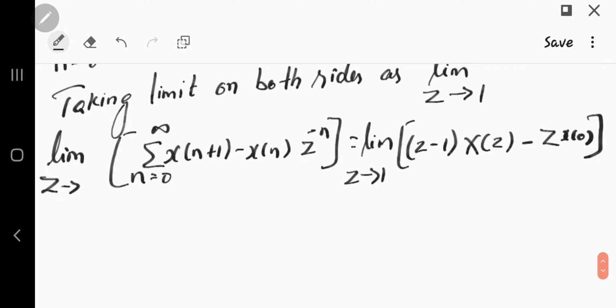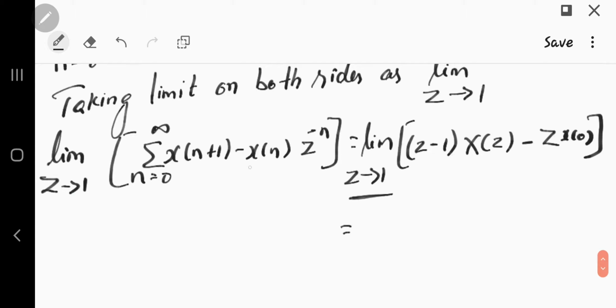Okay. Now, if you observe this, if I put z is equal to 1, so what happens to this term here is you will get 1 minus 1, 0, times X of z, and this becomes 1 into x of 0. Okay, so this part is fine. So what about this term?